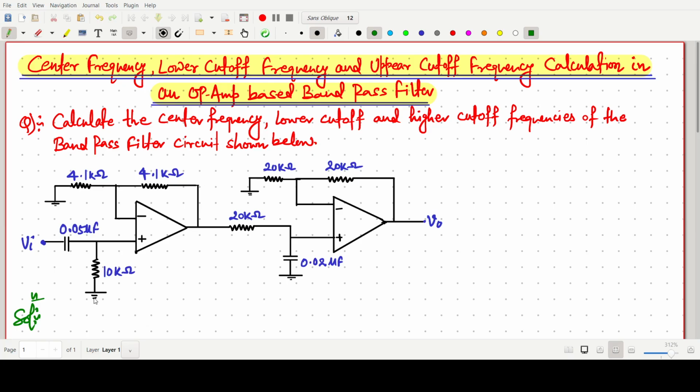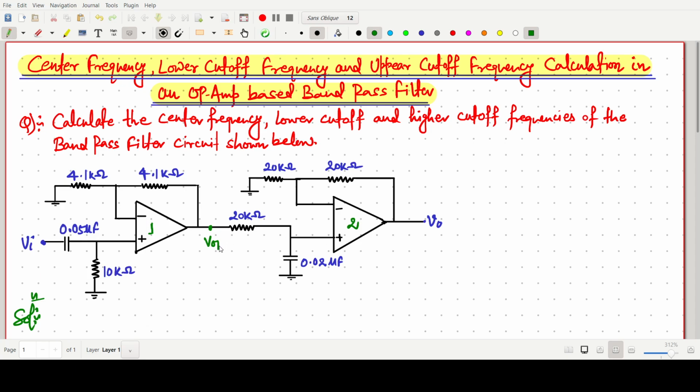So here we can see there are two op-amp based circuits. The first circuit is this and another one is this, and both are cascaded. For simplification, I am saying this one is the first op-amp and this one is the second op-amp, and the output of the first op-amp, which I am calling V01, is again used as an input for the second op-amp circuit.